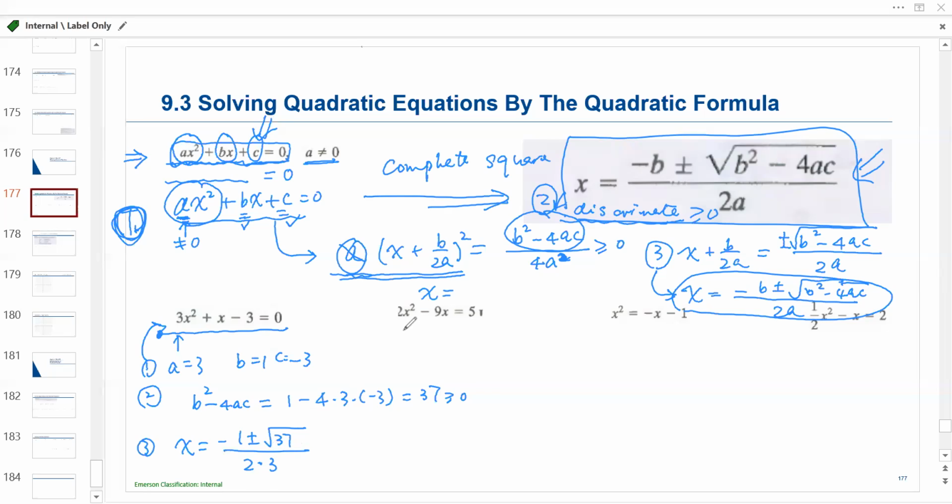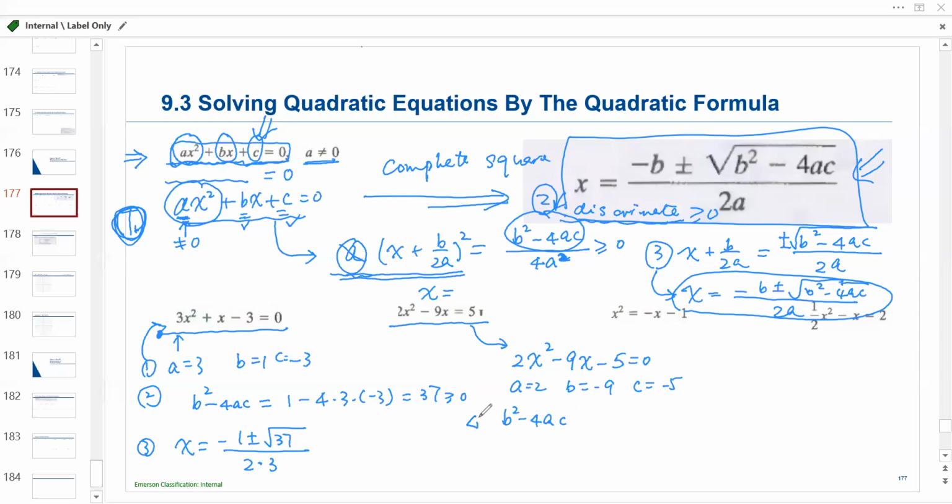The same here. See the second example. First we do the proper transform, like 2x squared minus 9x minus 5 equals 0. So you get A equals 2, B equals -9, C is -5. Right, so we use the discriminant b squared minus 4ac.